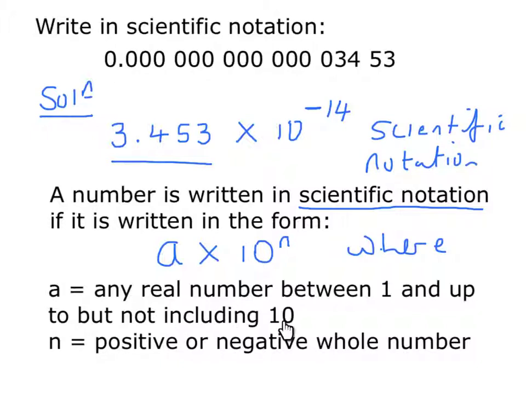In mathematics, we would write this as a is less than 10 and greater than or equal to 1. And then n is a positive or a negative whole number.